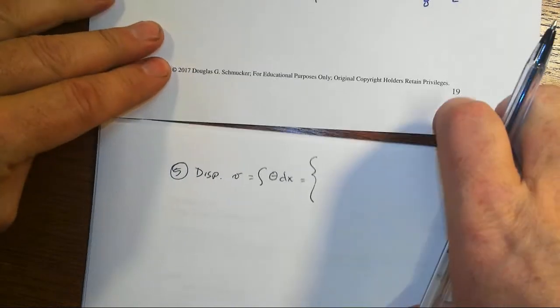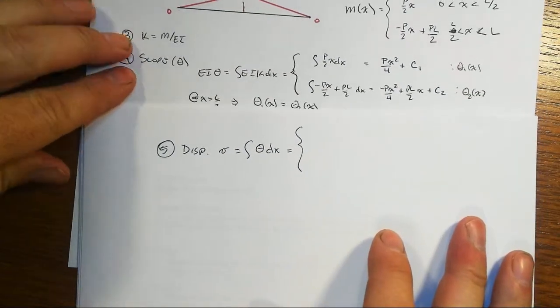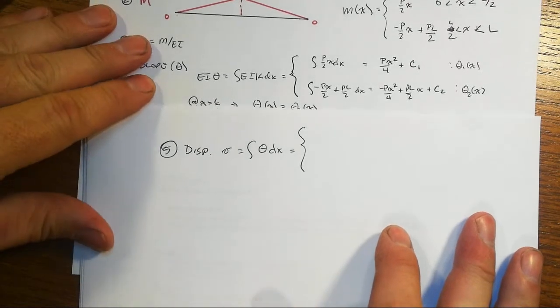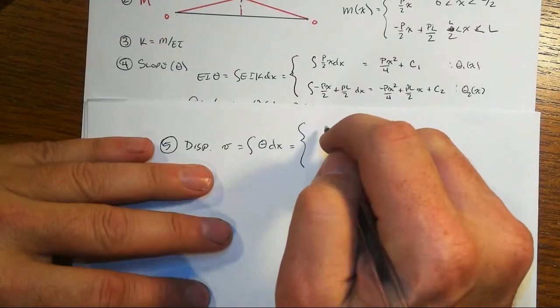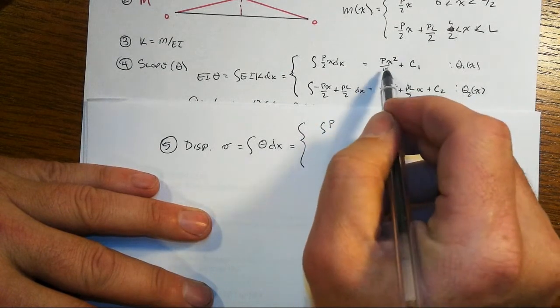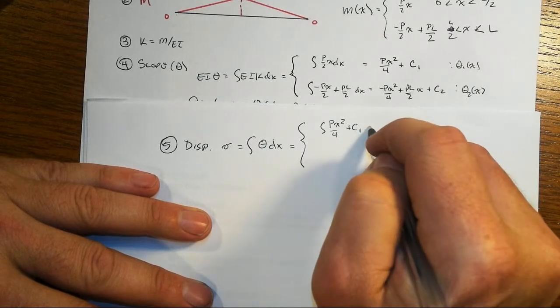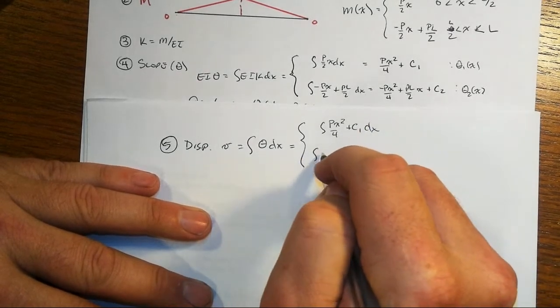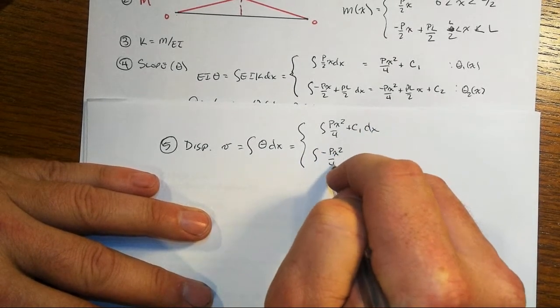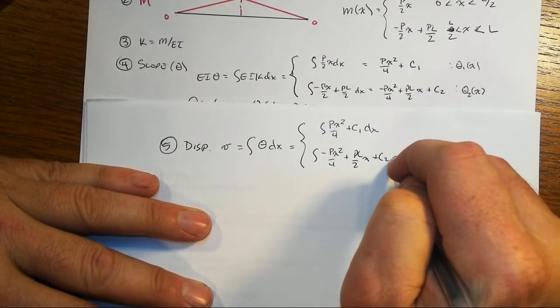so we've got to take our expressions that we found. I'm going to leave them like I had found them already. I'm not going to mess around with all the C1, C2 business just quite yet. And so we've got the integral of p x squared over 4 plus c1 dx, and this one is the integral of minus px squared over 4 plus pl over 2x plus c2 all times dx.